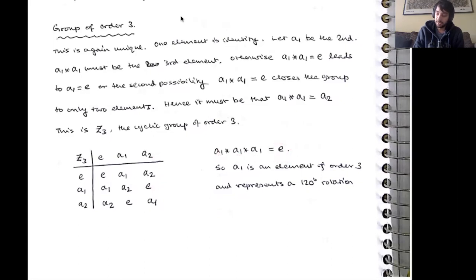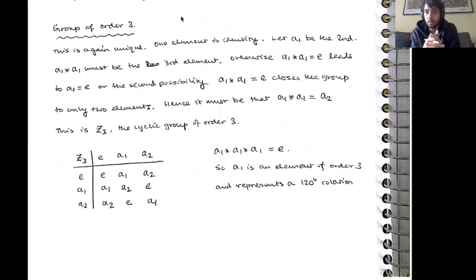This means that this is an element of order 3 and represents a rotation. It's a 120-degree rotation. 360 makes the whole thing, so 3 of these will go into a 360 rotation; divided by 3, it's 120 degrees.